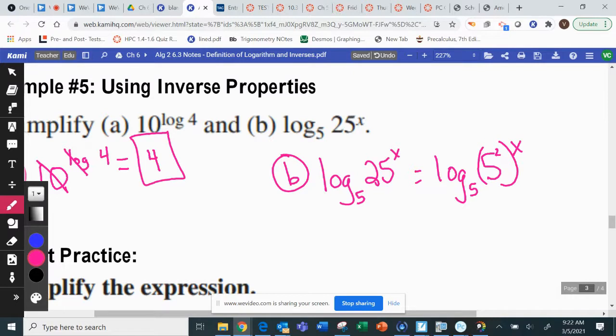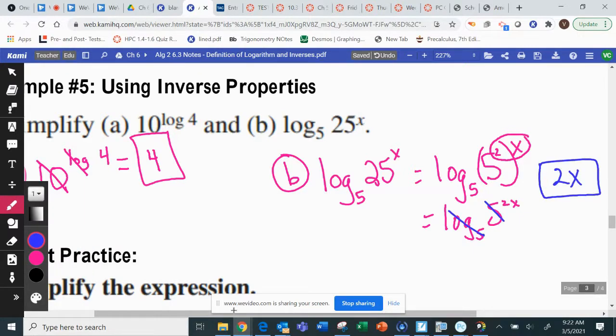Now that is already to the x power. So my next step would be log base 5, and when I've got exponents next to each other, I multiply them. And I get 5 to the 2x. Log base 5 of 5 cancel. 2x is our answer.